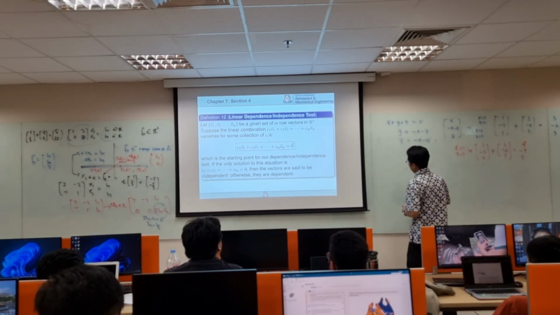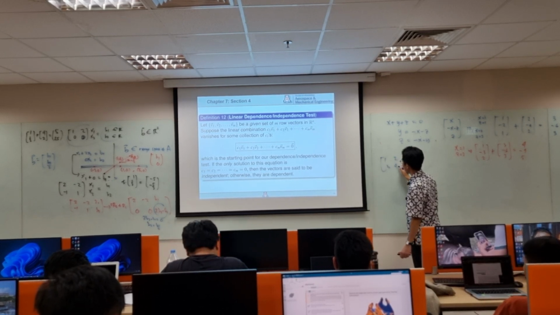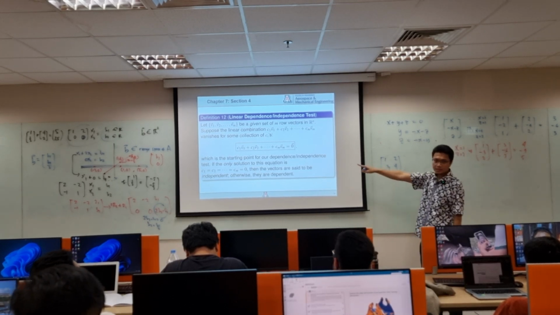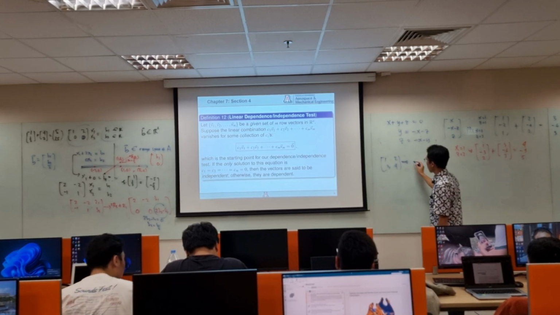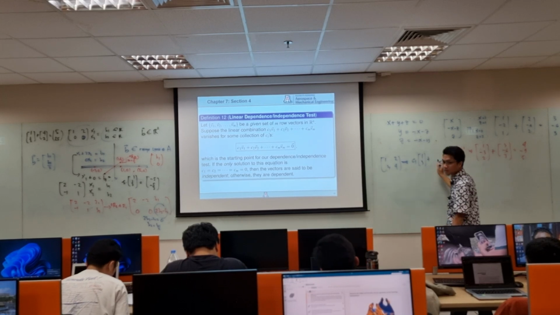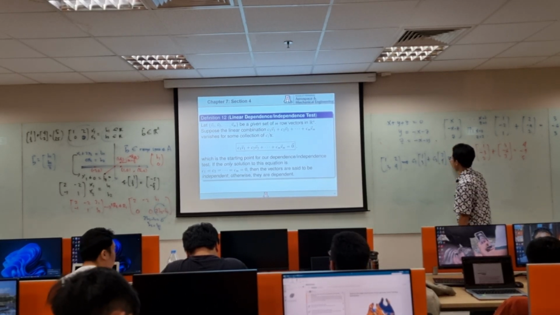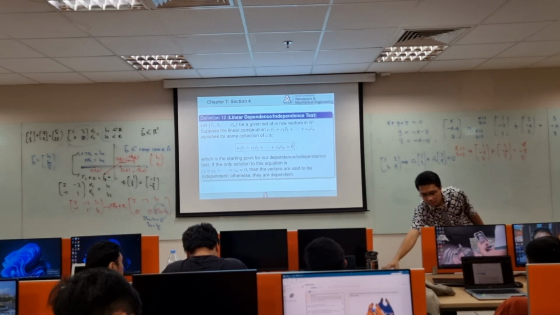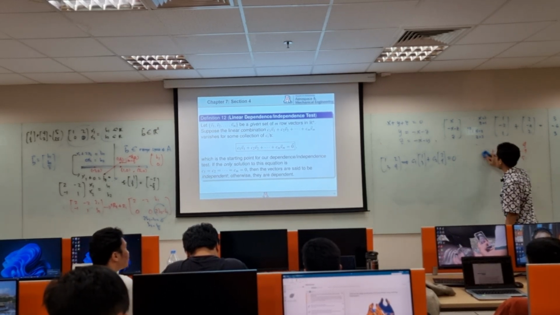So let's say you have a matrix 1, 2, 3, 4 like this. How do you create that? You create c1 times (1, 3) plus c2 times (2, 4) equal to 0. So what do we do with c1 and c2?